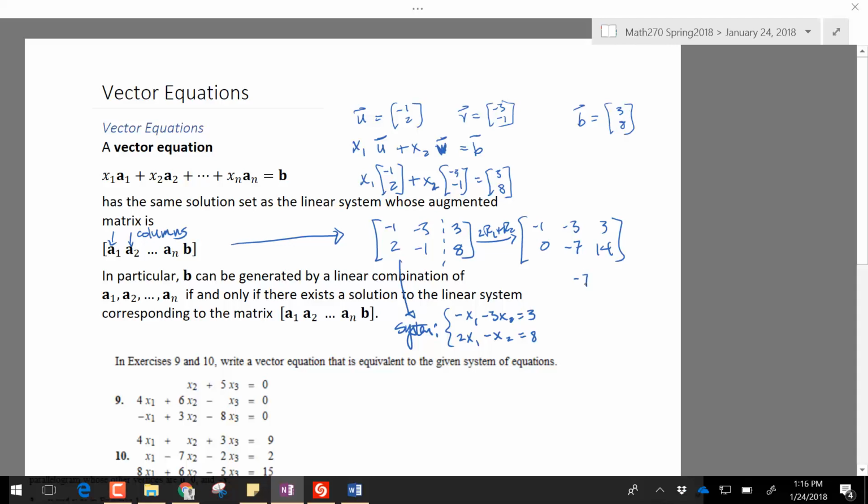So if you have negative 7x2 is equal to 14, we have x2 is equal to negative 2. And then you put that into the first equation. Negative x1 minus 3 times negative 2 is equal to 3. And we should get x1 is equal to 3, which is the solution that we already knew because we made up this problem in the previous page.